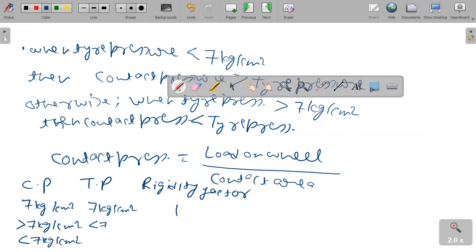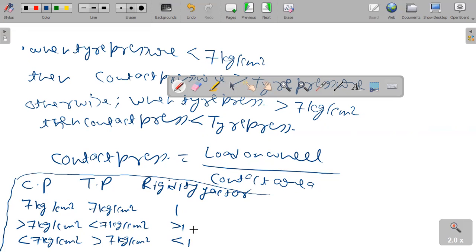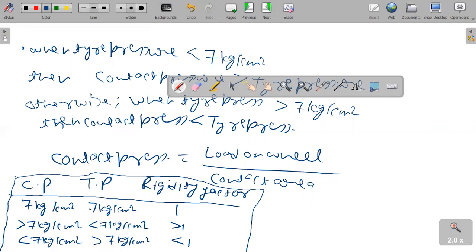Tire pressure less than 7 kg per centimeter square gives rigidity factor greater than 1. Tire pressure greater than 7 kg per centimeter square gives rigidity factor less than 1. So do remember this table. It will help you solve numericals in GATE examinations by taking assumptions.